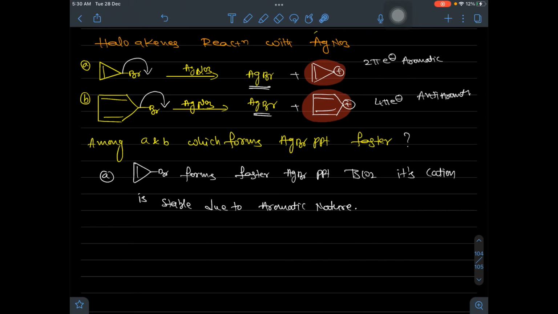And the second one is going to become anti-aromatic. We know anti-aromatic substances are unstable and aromatic substances are stable. So the first one is involved in a faster reaction to form the precipitate, and the second one goes slow. Okay, this is the manner in which you should predict.